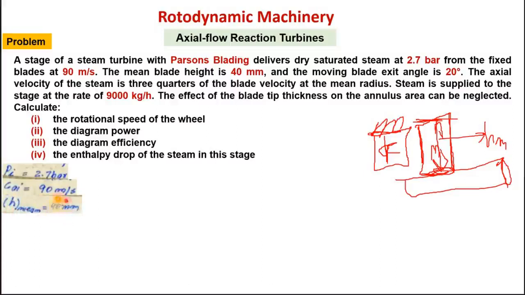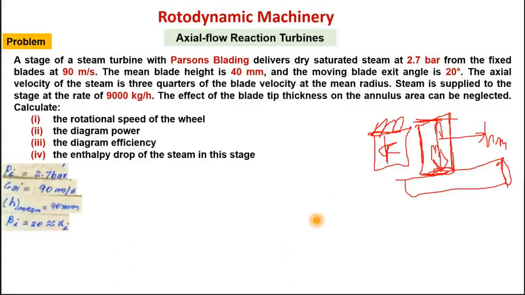So this mean blade height is 40 mm, and the exit angle of moving blade, so that will be beta E, right? Moving blade exit angle is 20 degree, that is beta I. So this is actually beta E, not beta I, because moving blade exit angle is 20 degree.